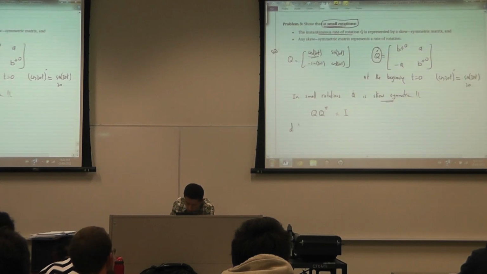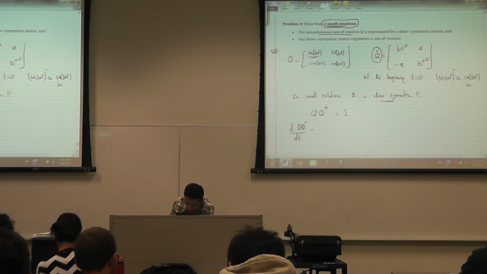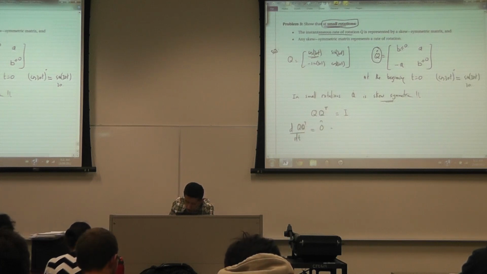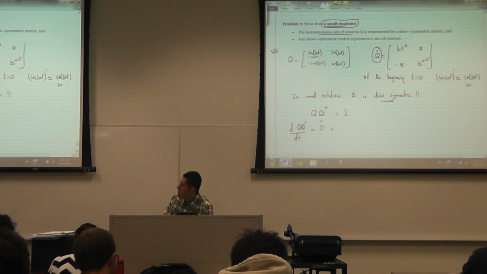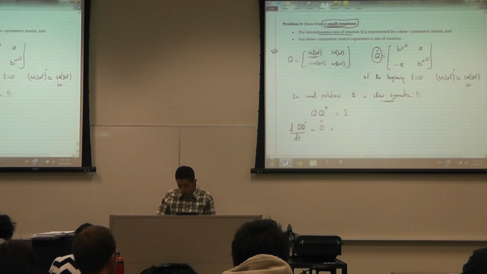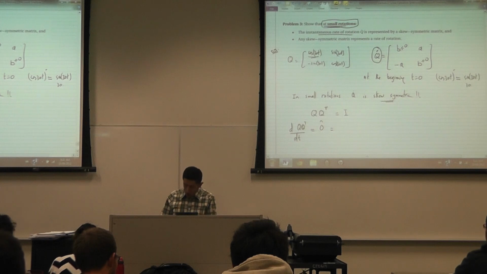Now d(Q Q transpose)/dt is equal to the zero matrix, because I is constant. When I take the derivative of the matrix with respect to time, I'm taking the derivative of each component. The derivative is equal to 0.